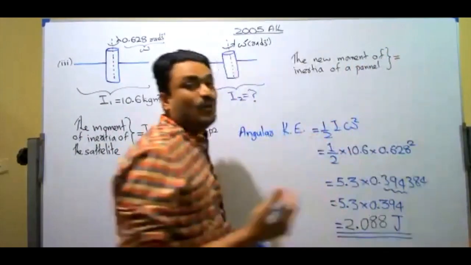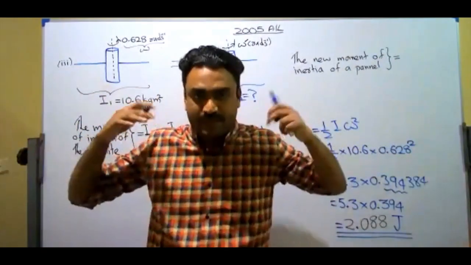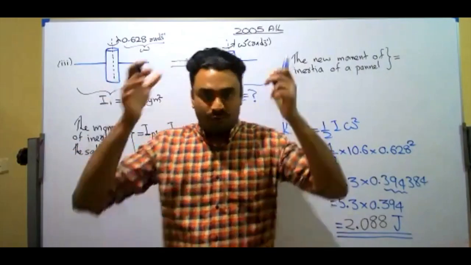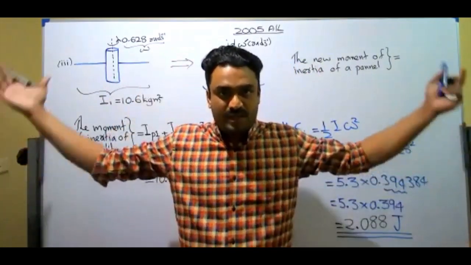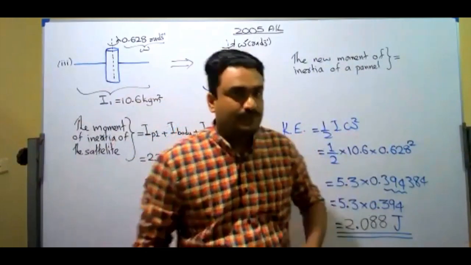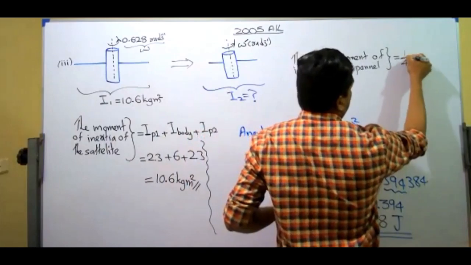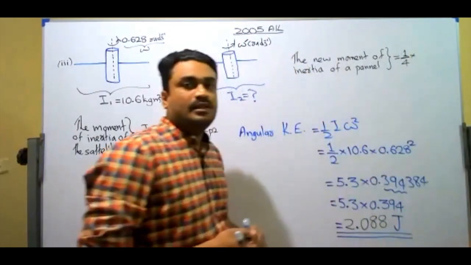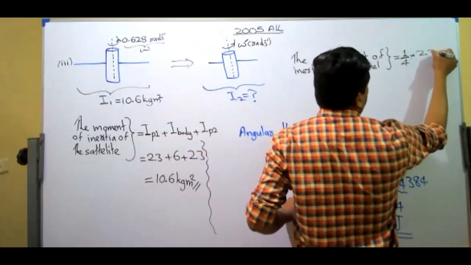And the other thing, only the panels are folded. The cylindrical body cannot be changed. So it means the moment of inertia of the cylindrical body remains unchanged. Only the moment of inertia of the panels is changed. It is saying that the new moment of inertia of a panel is 1/4 of the previous value. The moment of inertia of the previous one is 2.3.